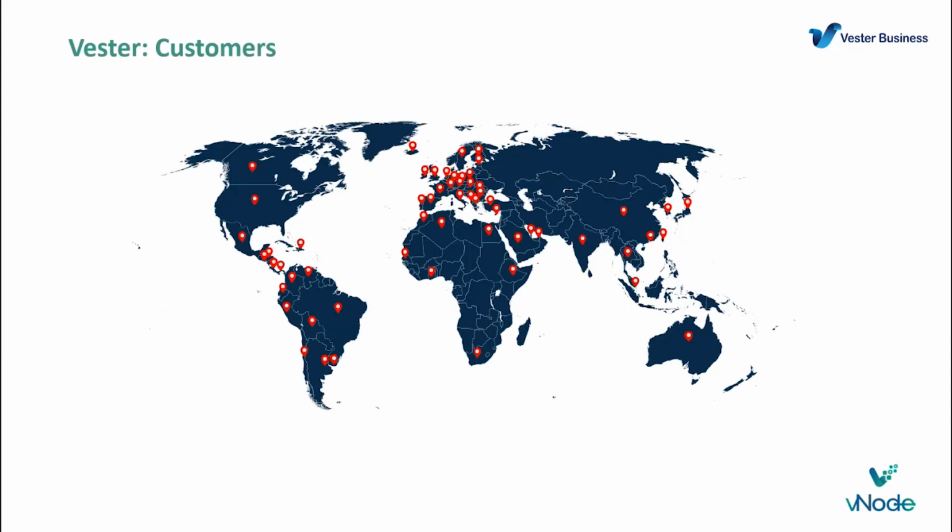All of our customers are located in different parts of the world because we have a lot of verticals in order to place vNode solutions in different types of industries.